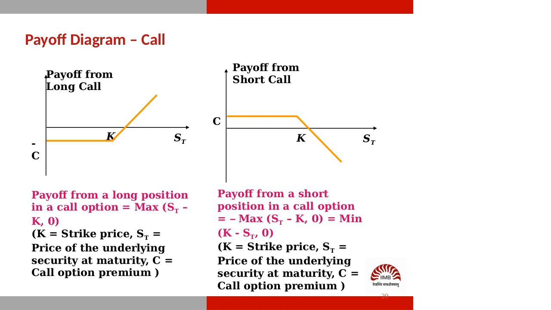The other condition is the person who buys the contract pays the premium, whatever is the premium. So if I buy a call option, the person who sells the call option will sell it to me at K when the market price goes above K, and in return has earned the premium.